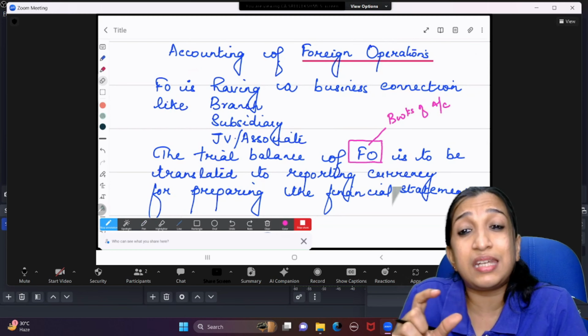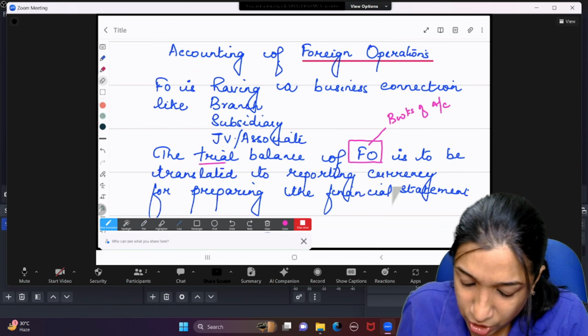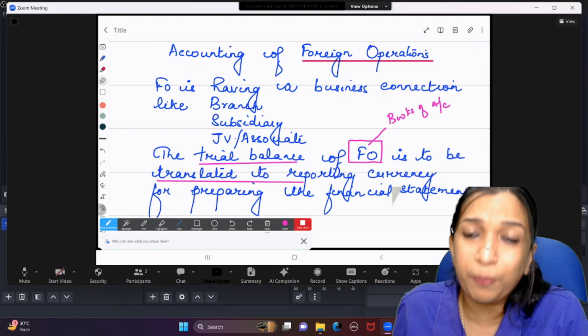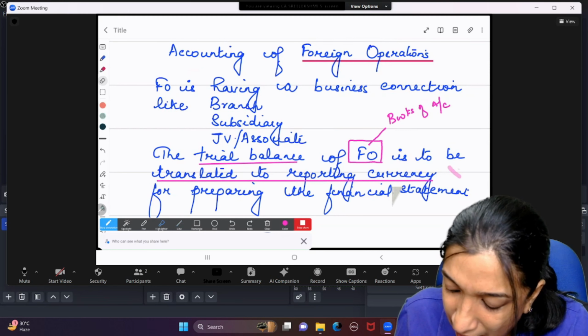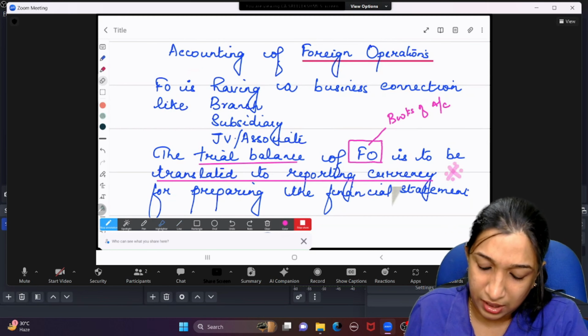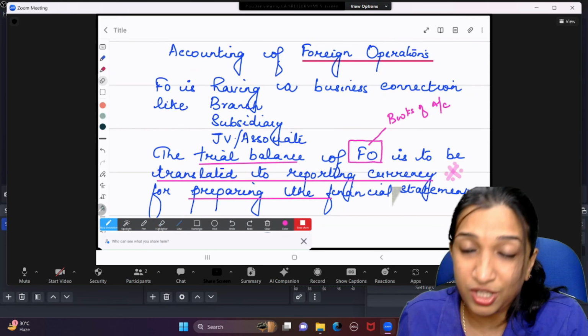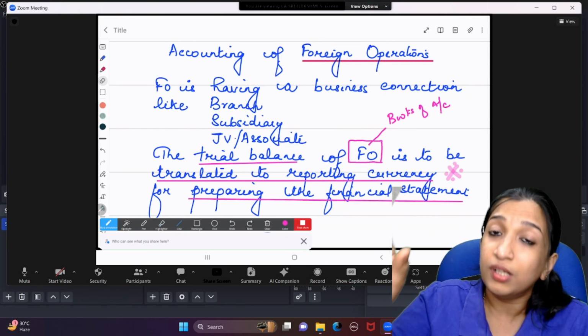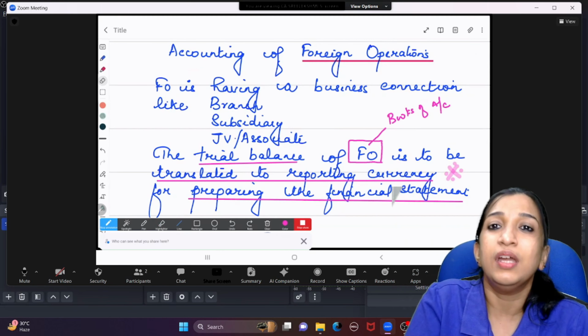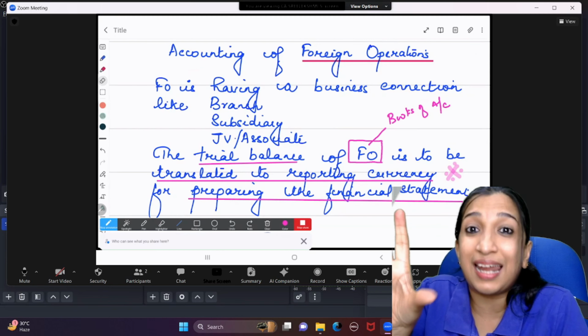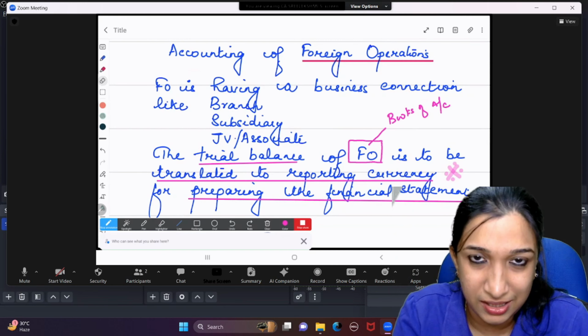That final trial balance of that foreign operation is to be translated to reporting currency. Understood. The final trial balance is to be translated to reporting currency for preparing the financial statements. That foreign branch or foreign subsidiary's trial balance should be converted to Indian rupee. That entire trial balance needs to be translated.